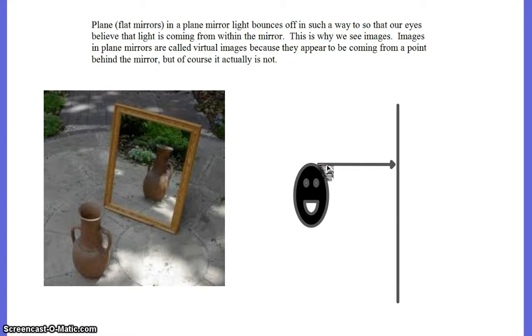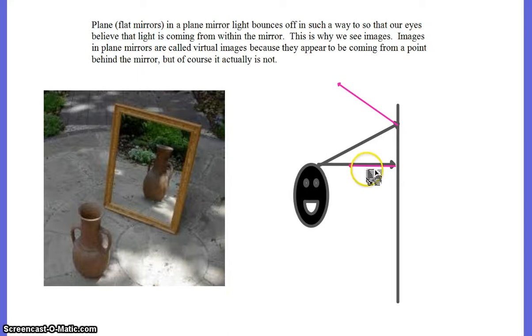One coming in perpendicular to the mirror is oftentimes the easiest, and then the other one is just whatever, however you want. So anything that comes in straight perpendicular to a plane mirror is just going to bounce straight back. And then otherwise, because the angle of incidence equals the angle of reflection, if this one came in that way, it'll leave like that.